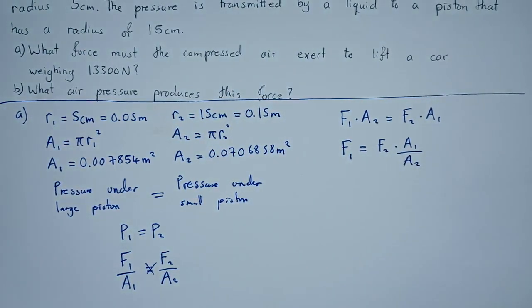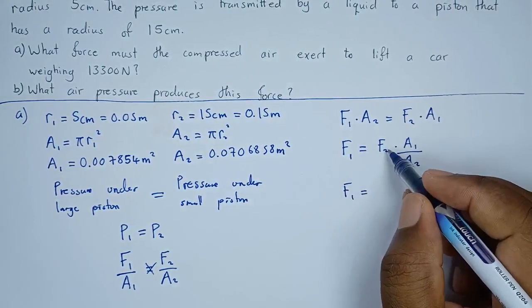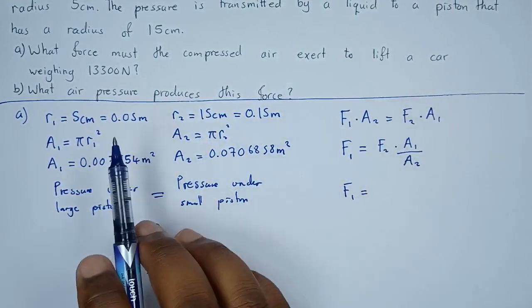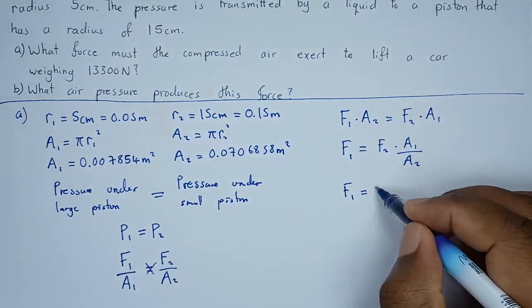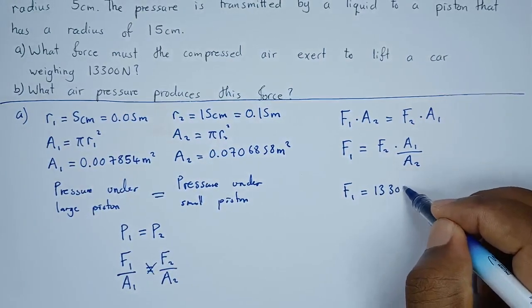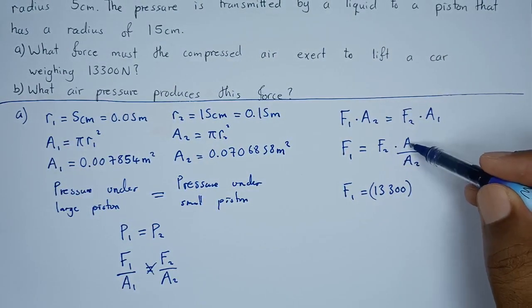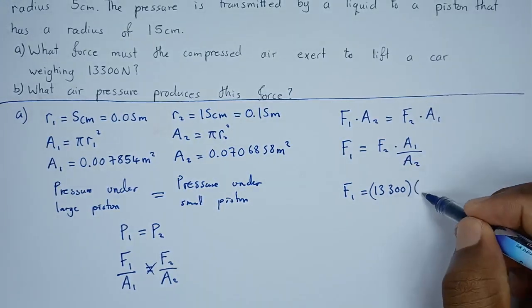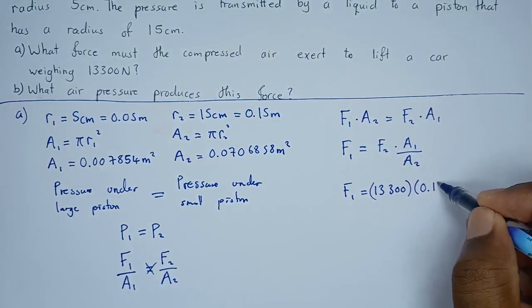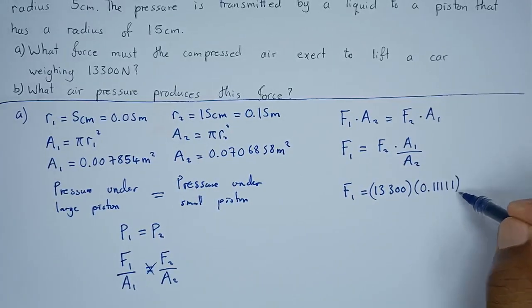So F1 will be equal to F2, which we've been given as 13,300 newtons, times the ratio of the two areas, A1 over A2, which is 0.1111 recurring.